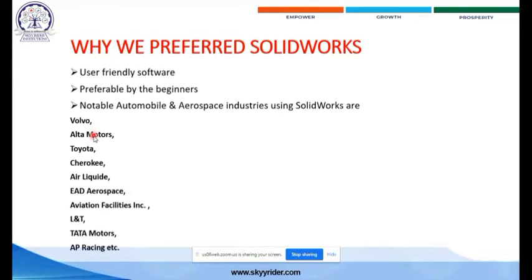Alta Motors is an American manufacturer where they make sports electric motorcycles. Then Cherokee is manufacturing luxurious SUVs.